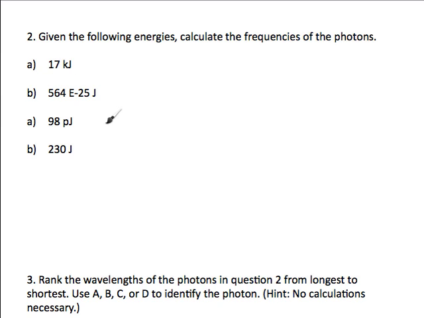So for the last one, we have 230 joules. So this is in the correct units, so we don't have to do dimensional analysis. So we just plug it back into our equation. So frequency equals the energy of the photon divided by Planck's constant.